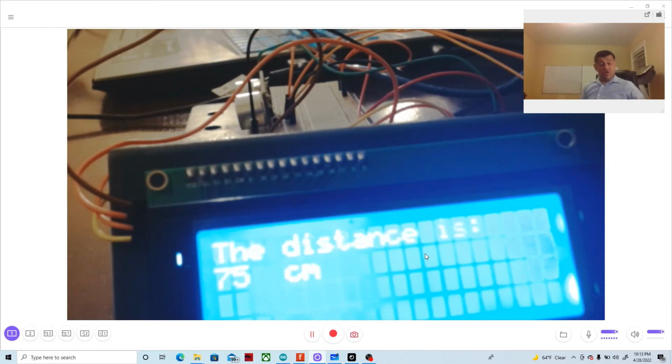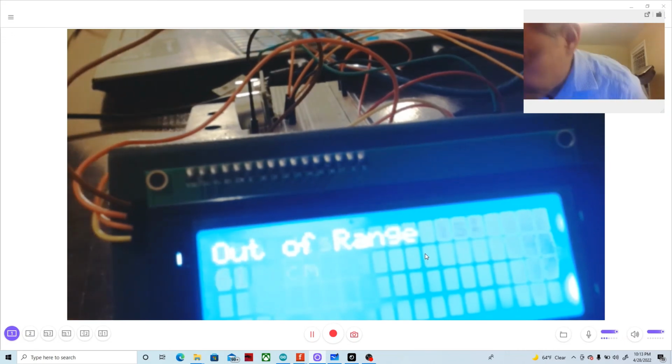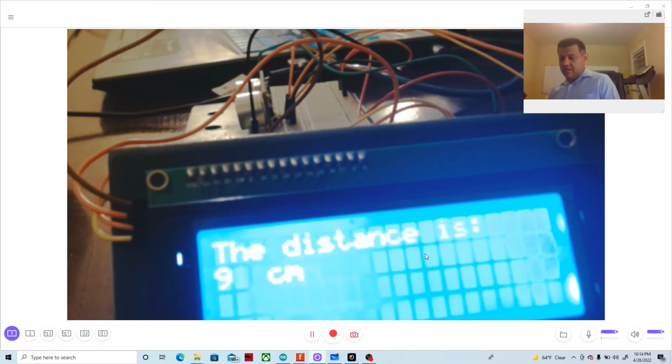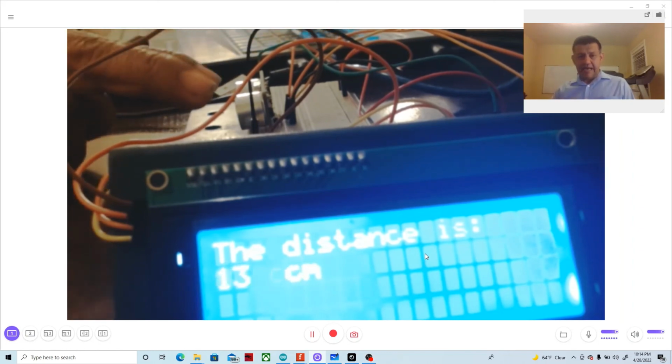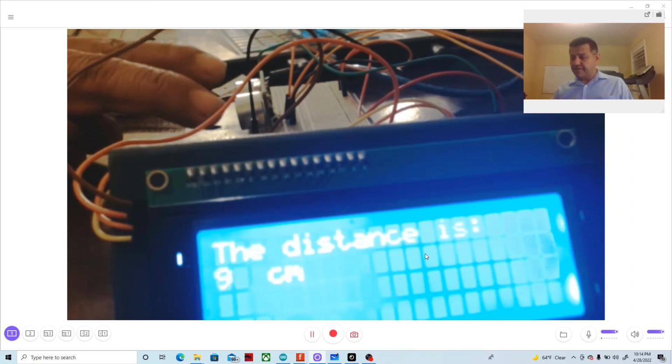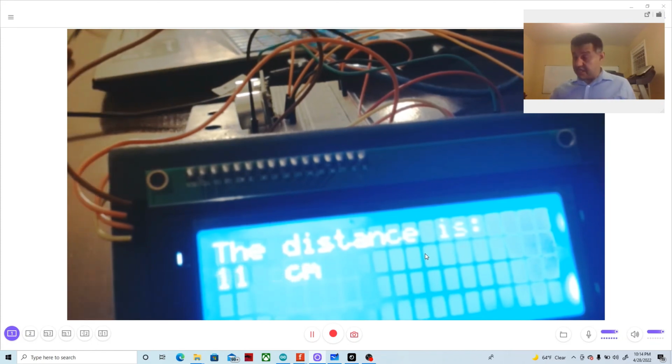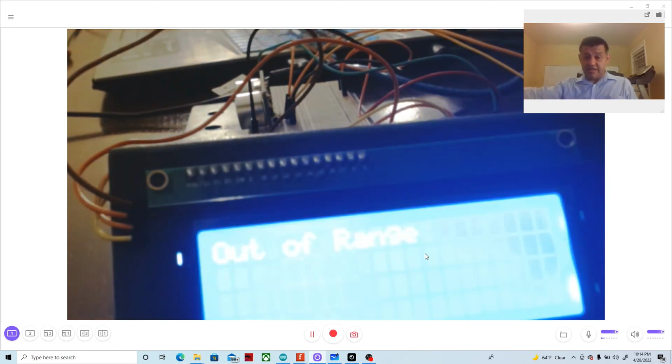Alright, so now this is what happened here. As you can see, I have the breadboard, I have the sensor, and then I have the LCD where you actually see it right here. That's the LCD.